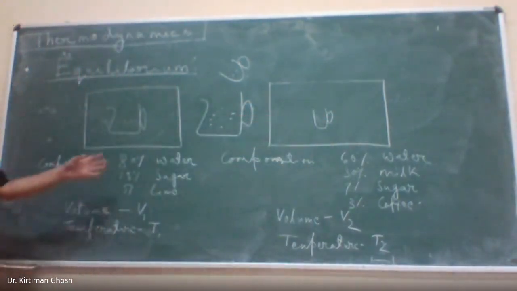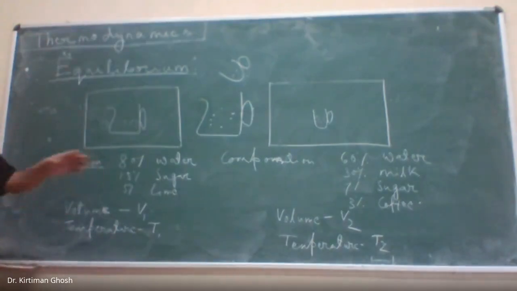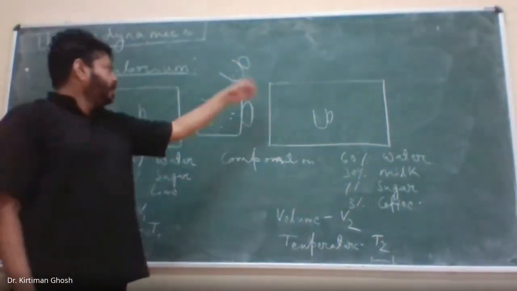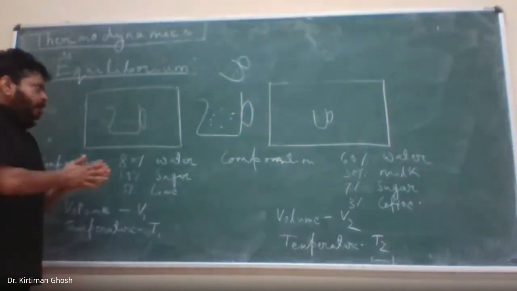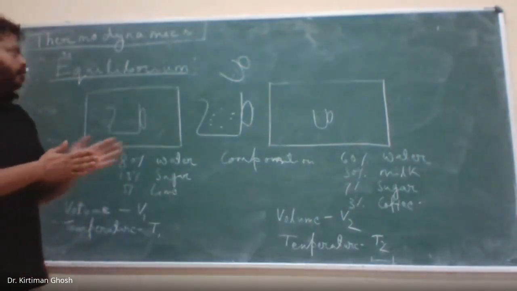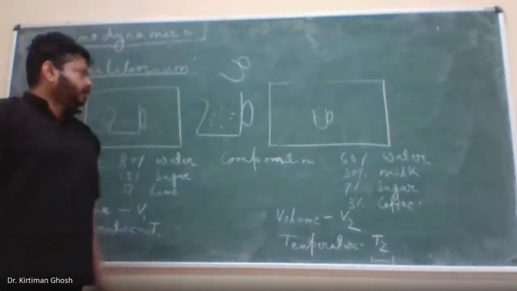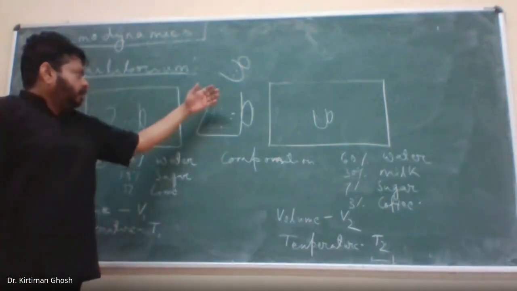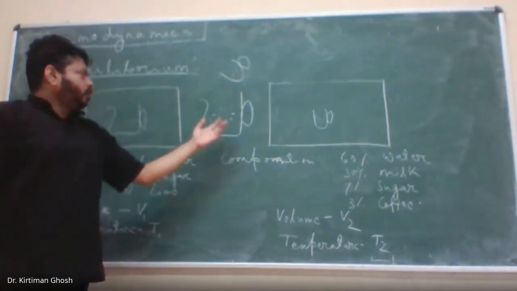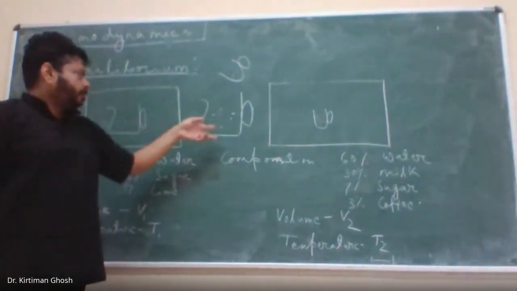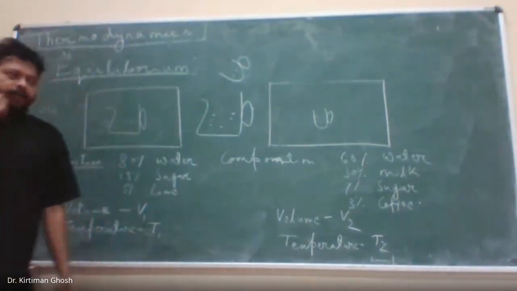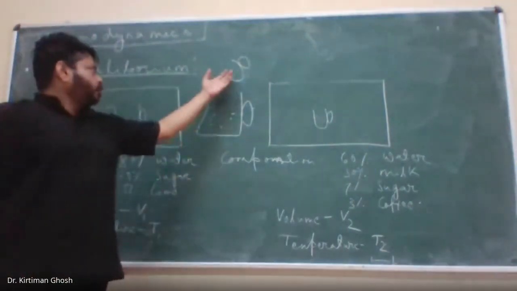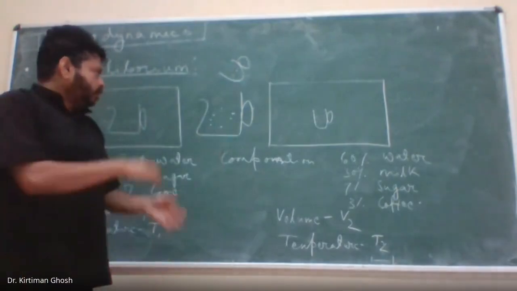Temperatures are different, their compositions are different, their volumes are also different. When I put the coffee from this mug into this jar, what will happen? As soon as I put the coffee from the coffee mug into this jar, this coffee will try to mix with the solvent inside the jar.